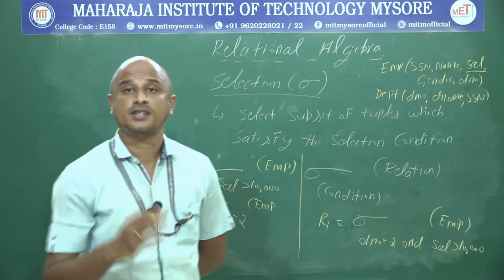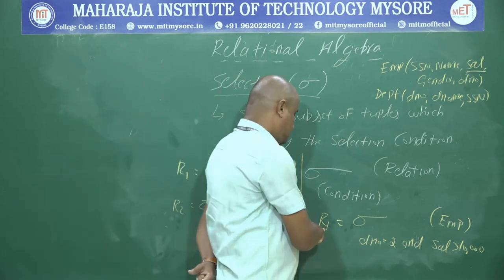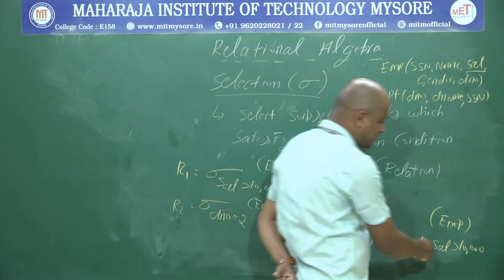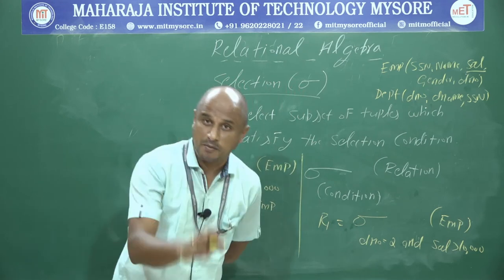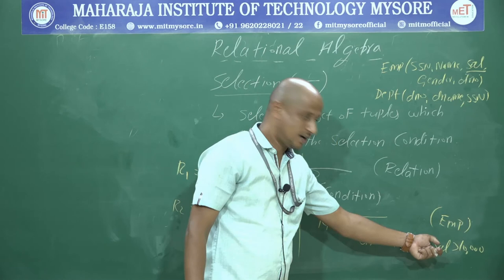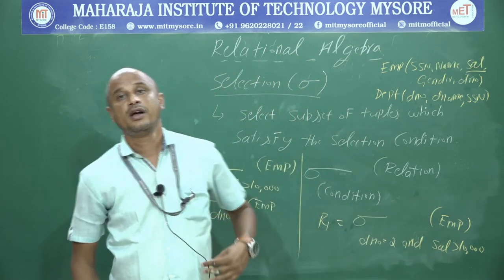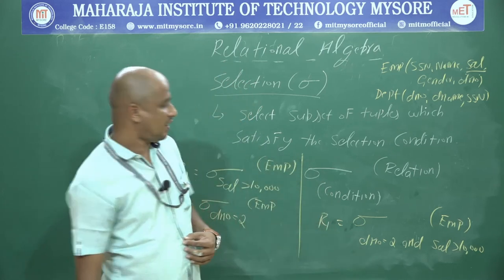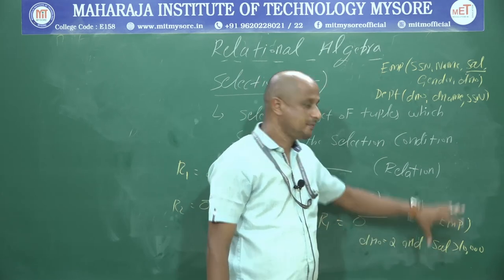So I utilize the logical condition, that is, and. So R1: the department number 2 and salary is greater than 10,000. Two conditions I told: find the employee tuples who work for department number 2 and whose salary is greater than 10,000, from the employee table.